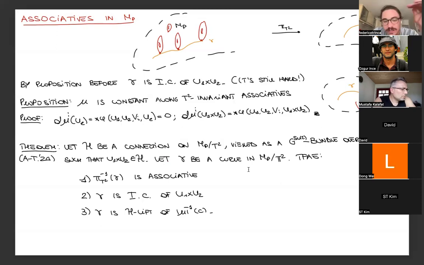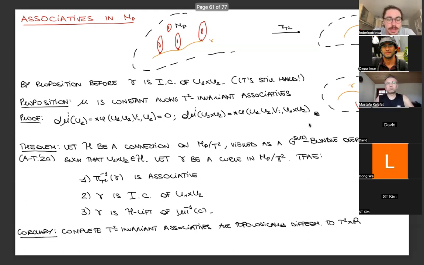In this context, a curve in M_P over T2 is associative, so it's an integral curve of U1 times U2, if and only if its pullback is associative, but also if and only if it is a horizontal lift with respect to this connection of the level set of this function mu. And computing the multi-moment maps is much, much easier than computing integral curves. In this way, we have characterized T2 invariant associatives in the principal part.